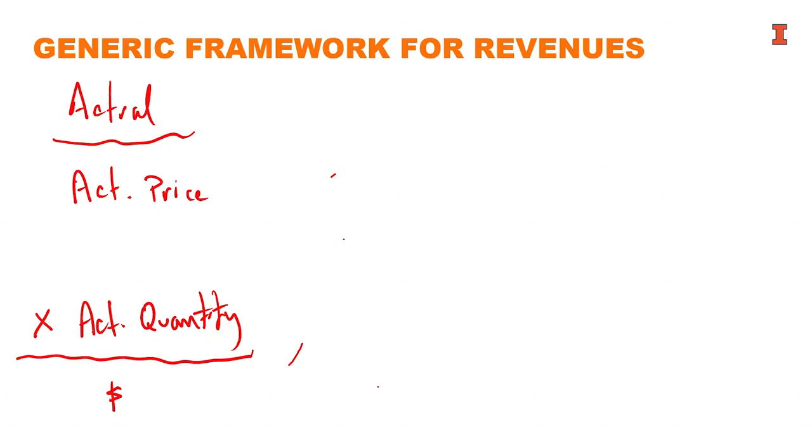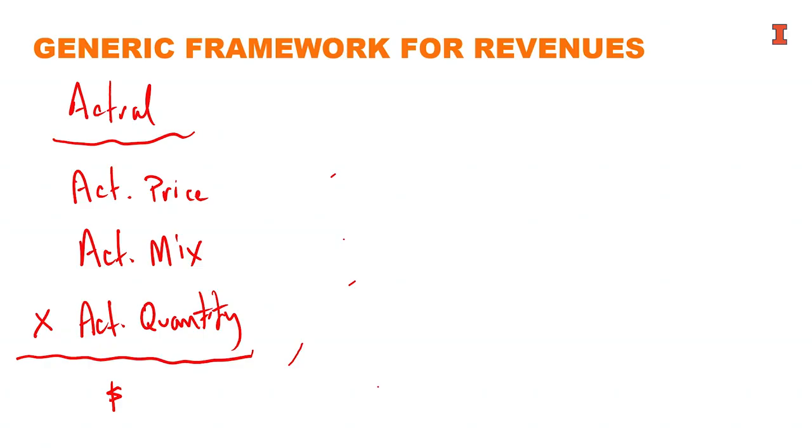Some proportion of their overall cookies sold are of variety 1, another proportion is of variety 2, and the third is comprised of variety 3. So in actual terms, we can think about the percentage of our overall quantity sold that is of a particular product type. And that we'll call the actual mix, or proportion of our overall quantity sold that is of a particular type of product.